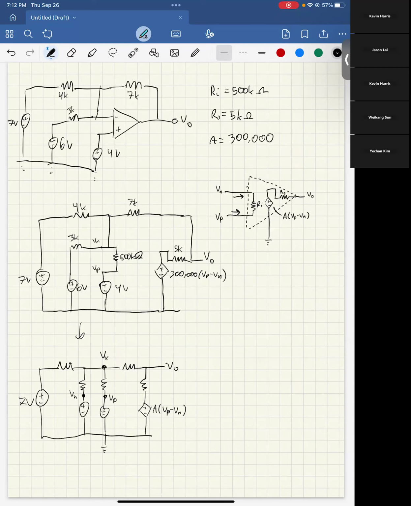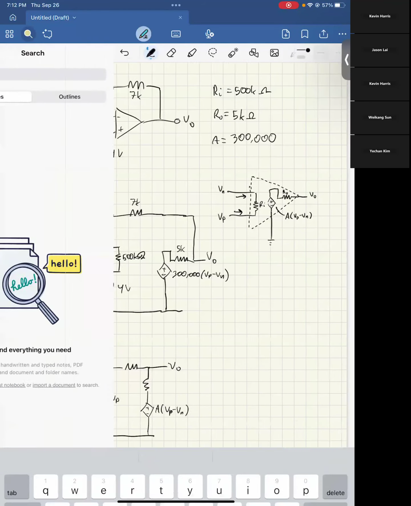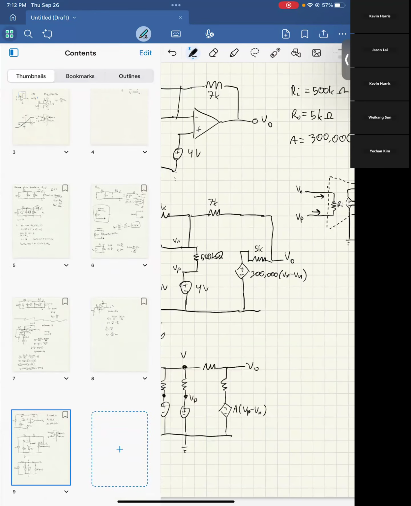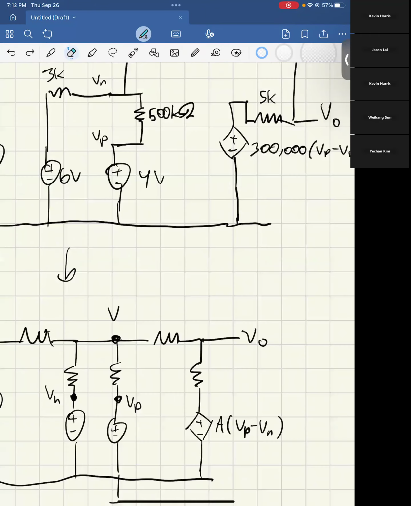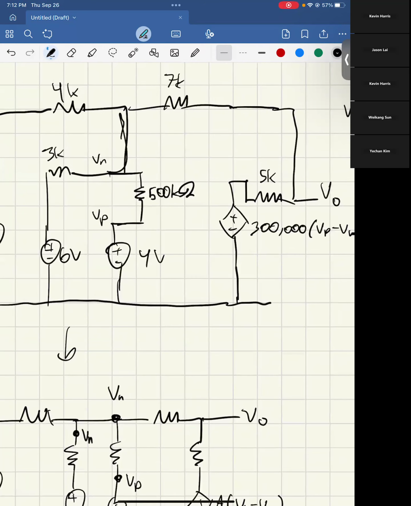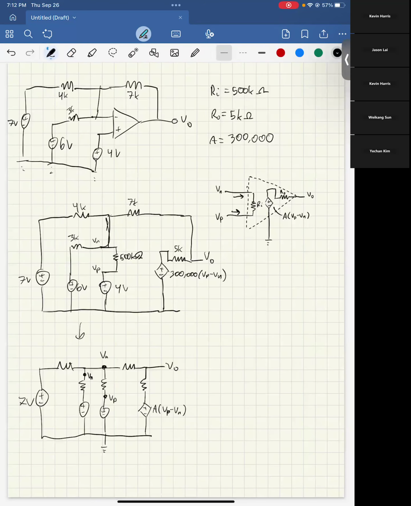Or did I do that right? Oh, my fault. Okay, right. They added a new AI update to GoodNotes for some reason. Kind of weird. But this is Vn, because if you look at the diagram, that's directly connected to this top part. So this is your circuit.